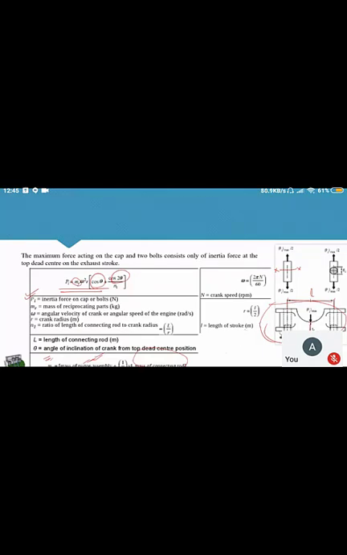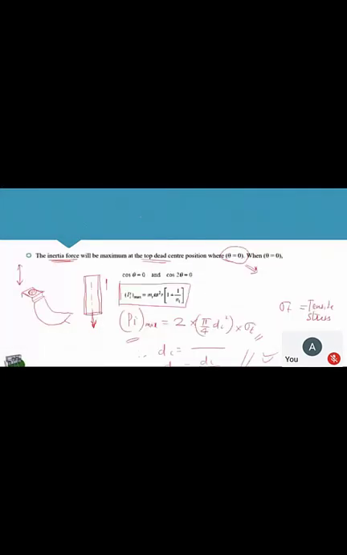So if you draw the isometric view, this is basically the thickness TC.